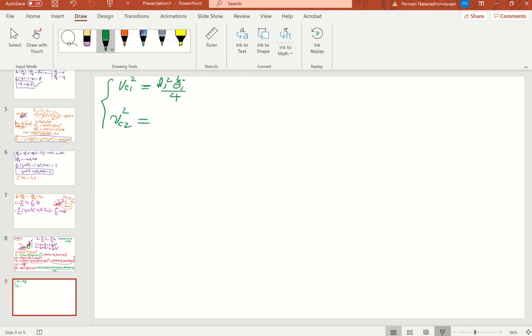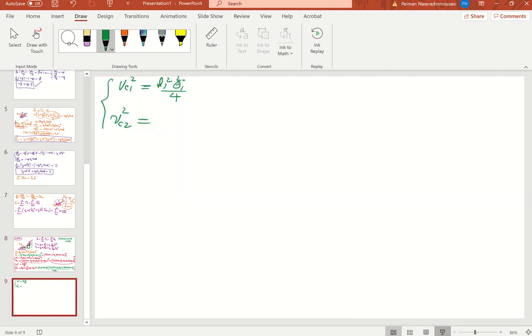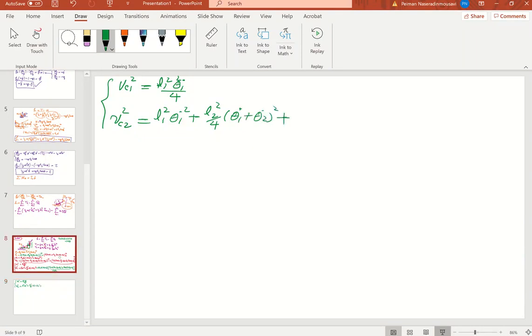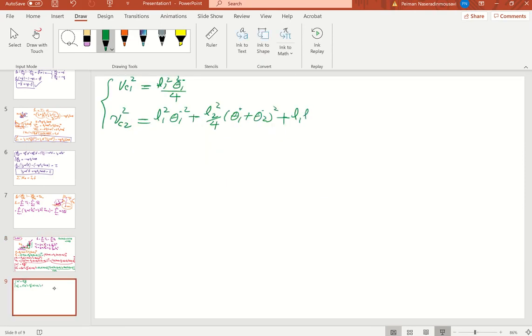VC2 square was L1 square theta dot 1 square plus L2 square over 4 times theta dot 1 plus theta dot 2 square, plus L1 L2 theta dot 1 plus theta dot 2 in cosine theta 2.